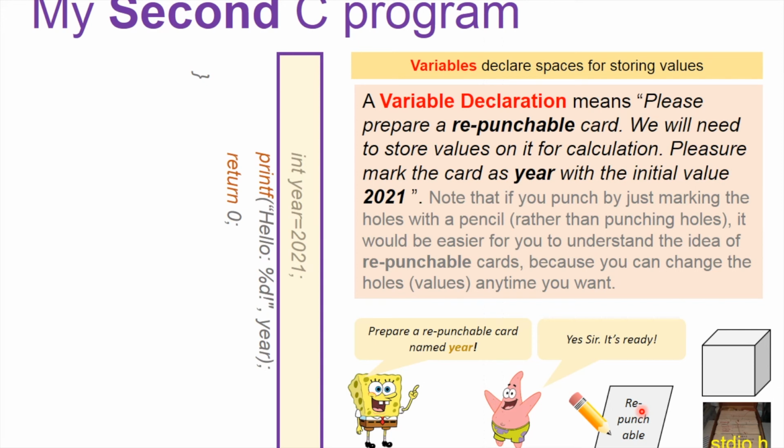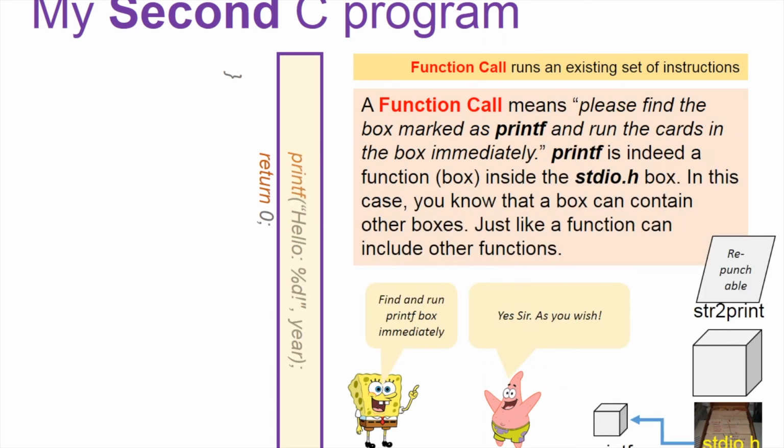The value of the variable is stored in this punch card. In this case, we will initialize this punch card with 2021, marked with the pencil for later use. Okay, then we go to the function call printf. This is like the compiler telling the operator that, hey, right now I'm going to use printf.